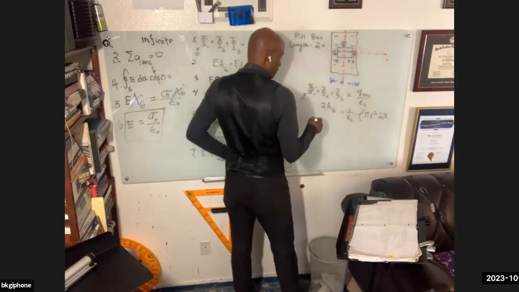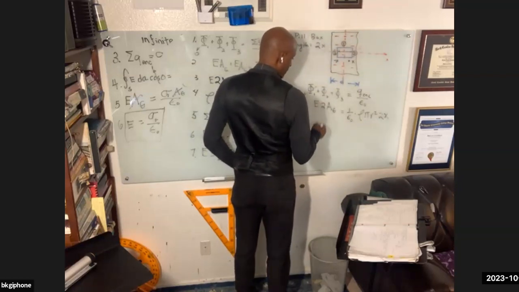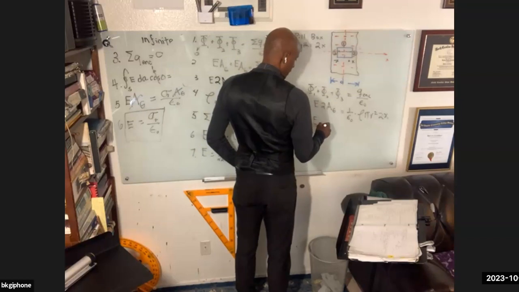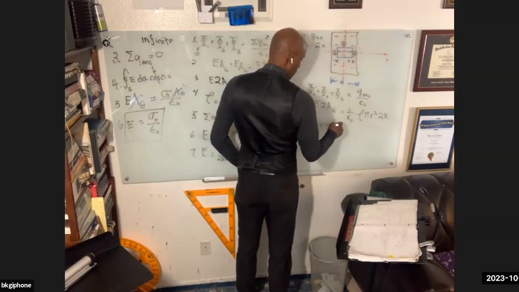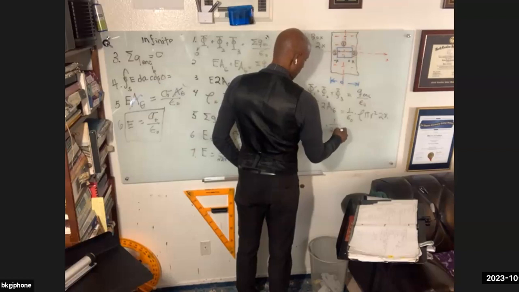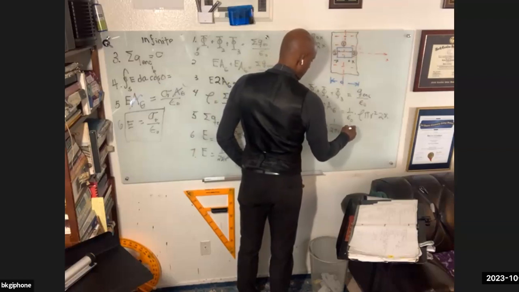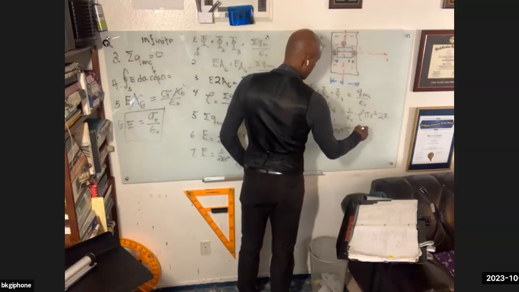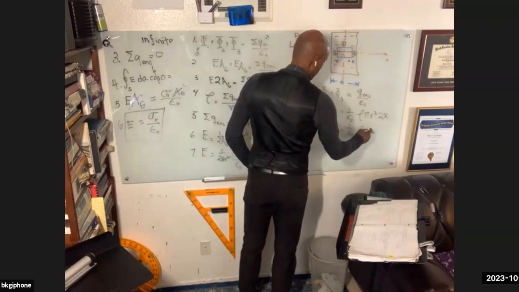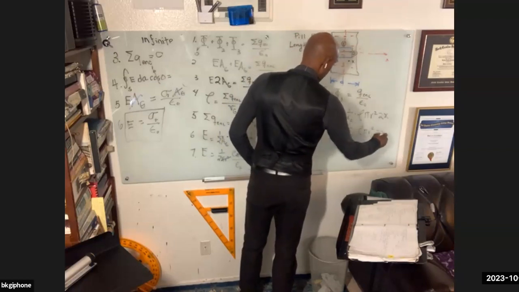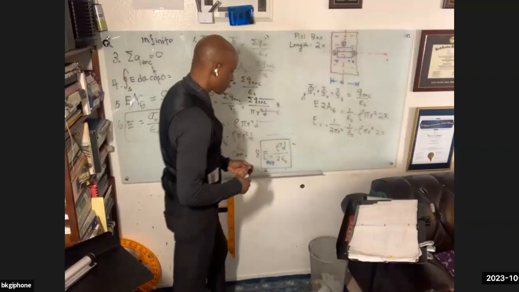Okay, that's it. And I forgot the E out here. So now E is going to be equal to, divide through, I have 1 over 2 pi r squared times 1 over epsilon naught times rho pi r squared 2 times x. And so there you have it.